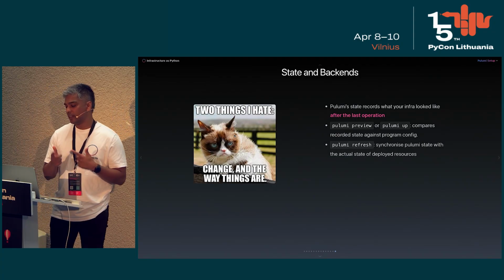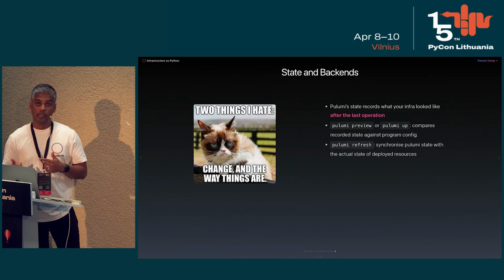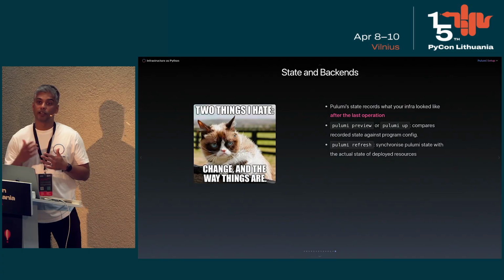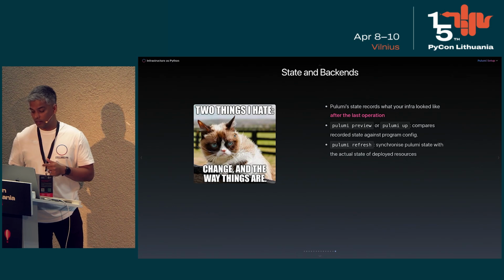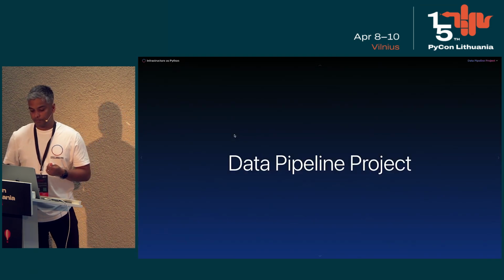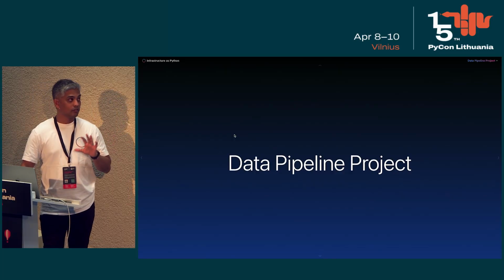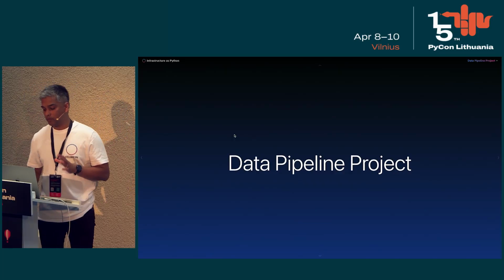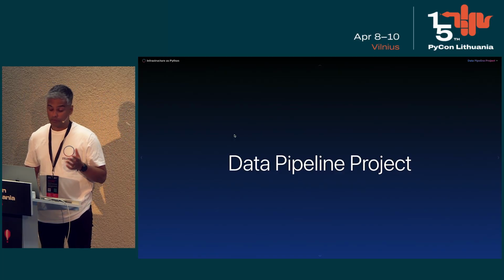So the idea here is that sometimes your cloud infrastructure might drift from what you have in your state file, and Pulumi refresh will sync your state file to the current condition of your deployed infrastructure. All right, so that's all the fundamentals of Pulumi, but let's talk about a real project.